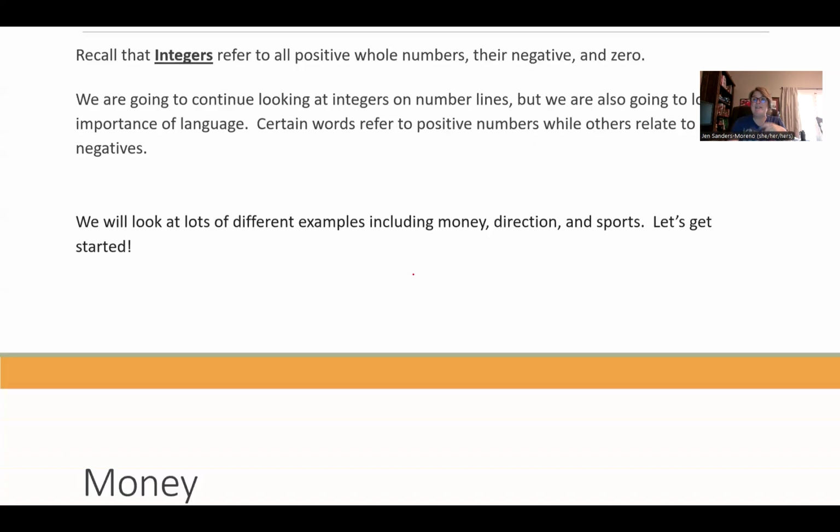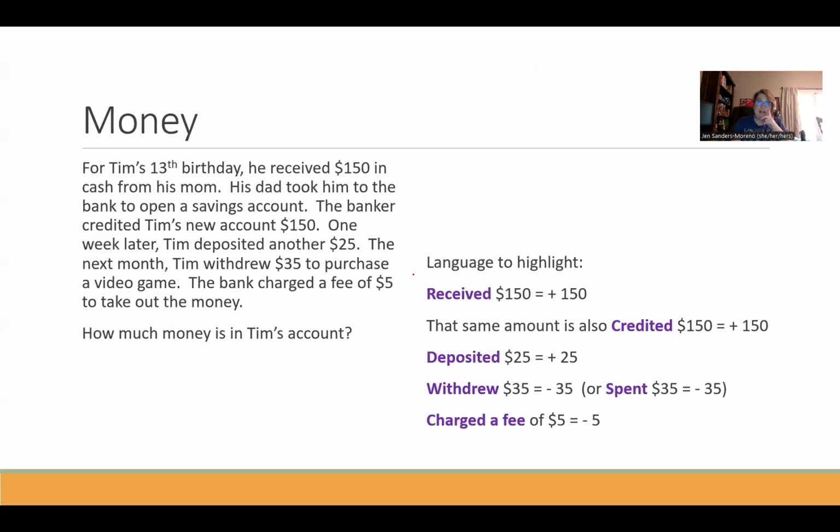Okay, so let's go ahead and try out this first example that has to do with money. Now, this is straight up from the Common Core textbook, and it's wordy. So bear with me as I read this to you guys. For Tim's 13th birthday, he received $150 in cash from his mom. His dad took him to the bank to open a savings account.